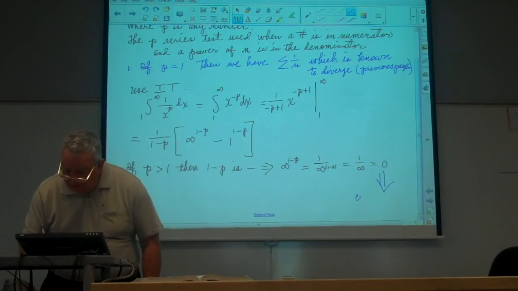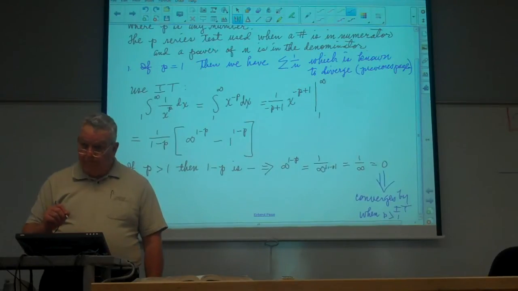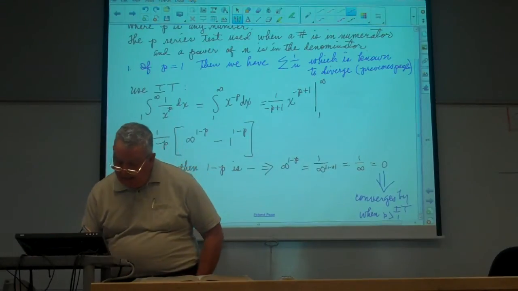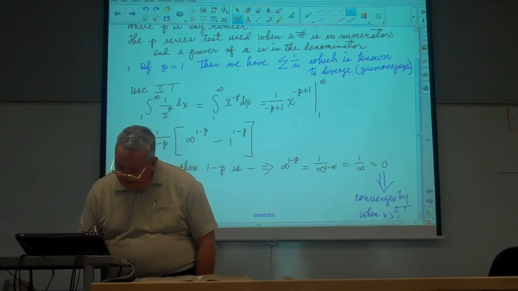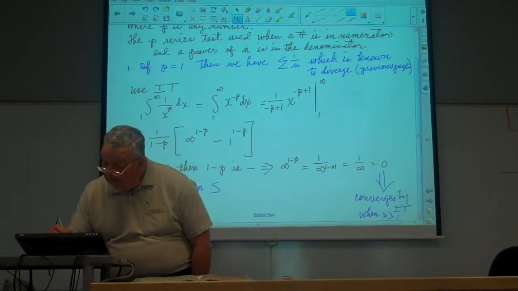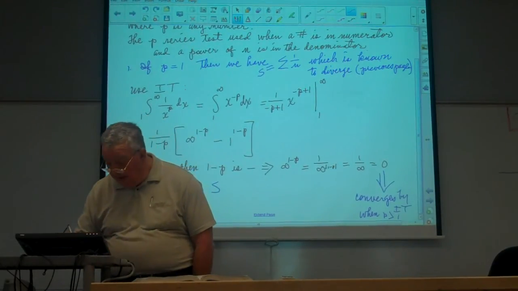So, doesn't that mean that the series converges by the integral test when p is greater than 1? So here's the p series. I'm going to just state it and then let you go. 2 is, if p is greater than 1, then s, that's the original series, s, converges.